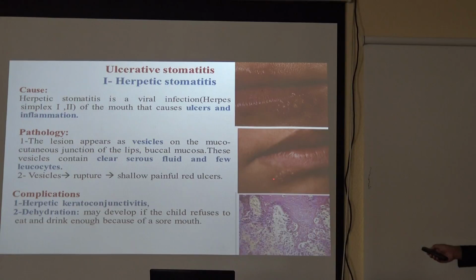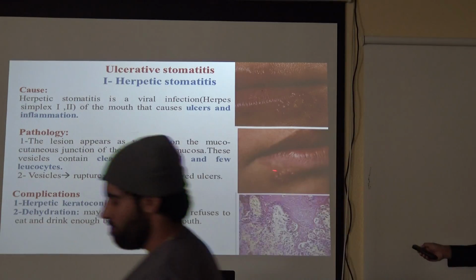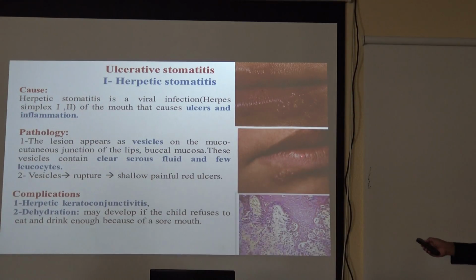So they are at the mucocutaneous junction, usually at the lips, the junction between the lips and the skin. And clear serous fluid is there, just like water, and a few leukocytes are there.